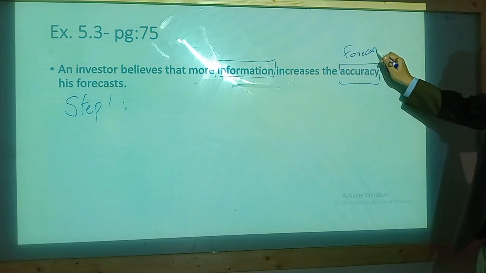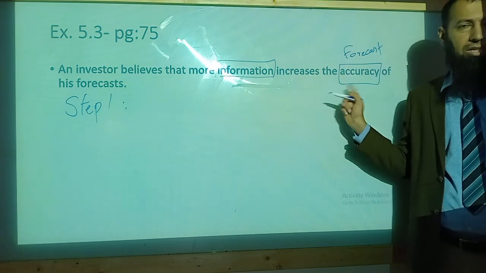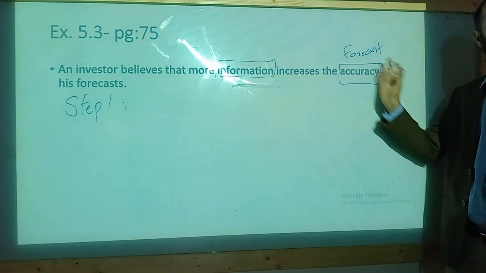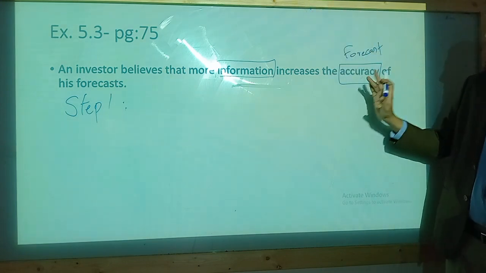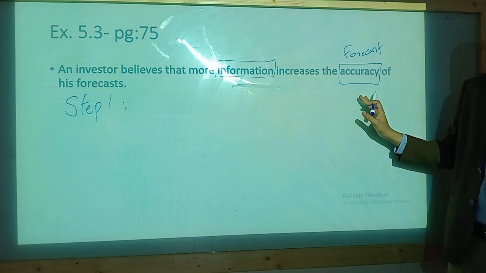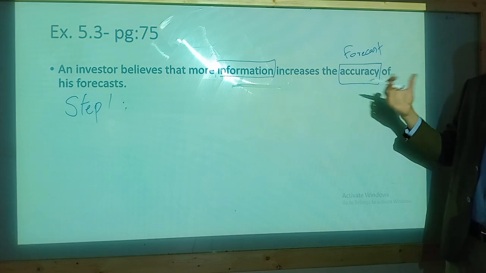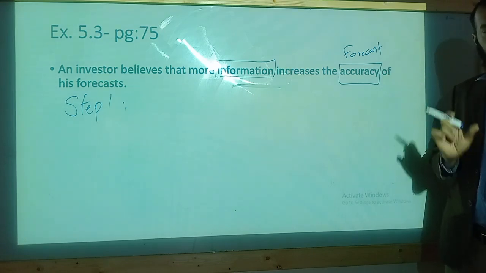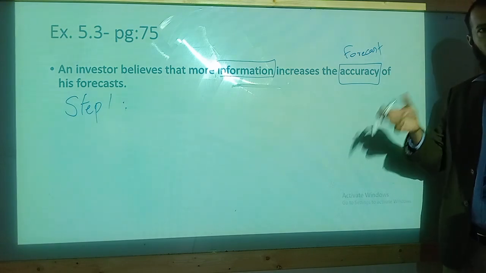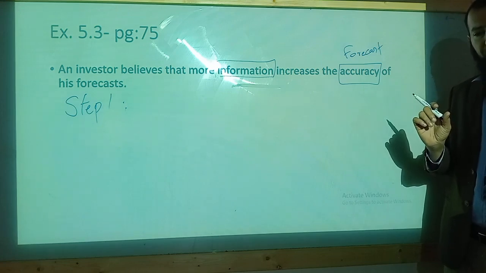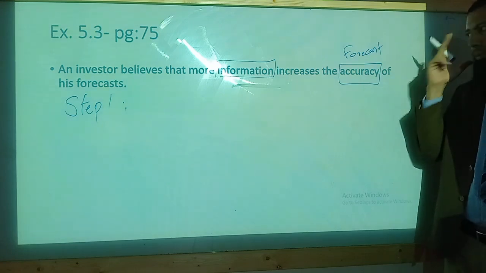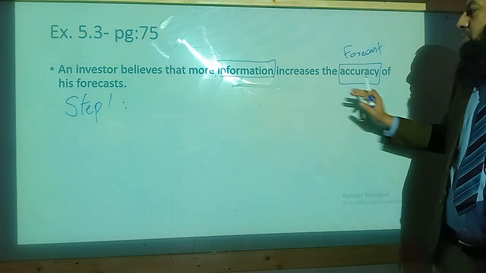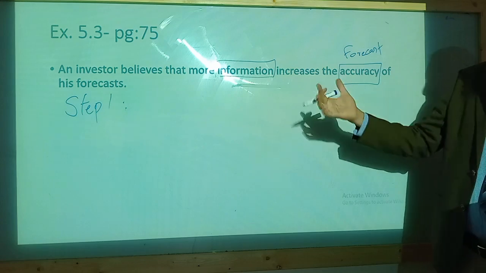Since I already told you that you need to see in the literature what the exact name of the variable is, but since we are just learning the variables, we are not talking about the literature. So you can take both. Accuracy is actually misrepresenting because we are talking specifically about forecast accuracy. It is not driving accuracy. It is not measurement accuracy. It is about forecast accuracy. So we have the information increases the accuracy. So what is the independent variable?